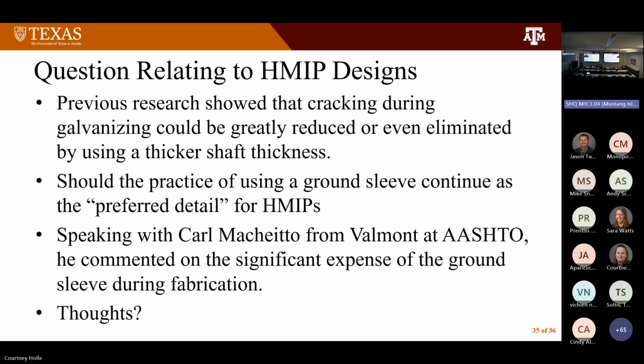You're talking about going up to a 7/16 or ½ inch wall thickness, and all of a sudden you can just use the nice little single weld around it, and maybe that's a cleaner detail. It's easier to inspect. It's just something to think about, and take it with a grain of salt, I've only been back in it for a year. But it is something to think about, what you're putting out there.